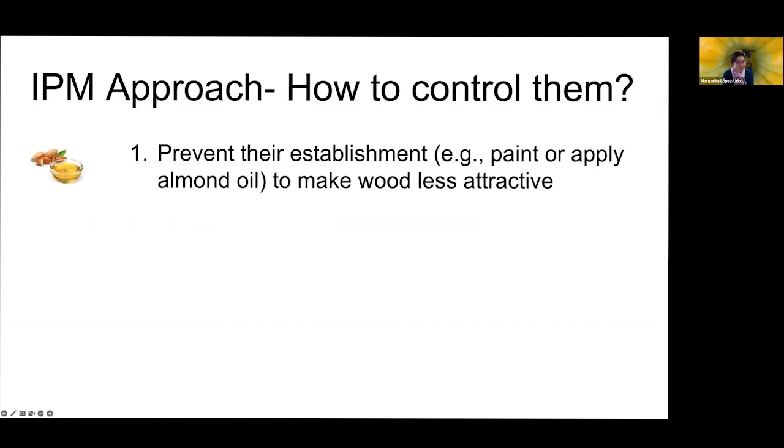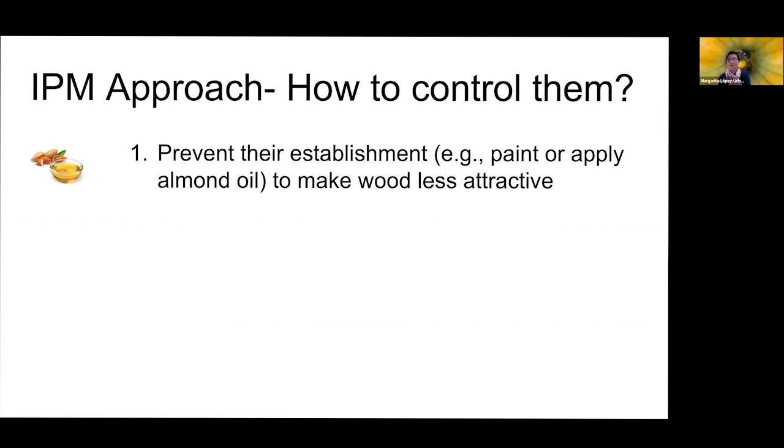Okay, so what can we do to control carpenter bees using an IPM approach? So the first and most important thing is to really prevent their establishment, right? They are not a problem unless they establish in wood structures. So there are easy things that we can do to prevent their establishment, like, for example, painting wood, right?